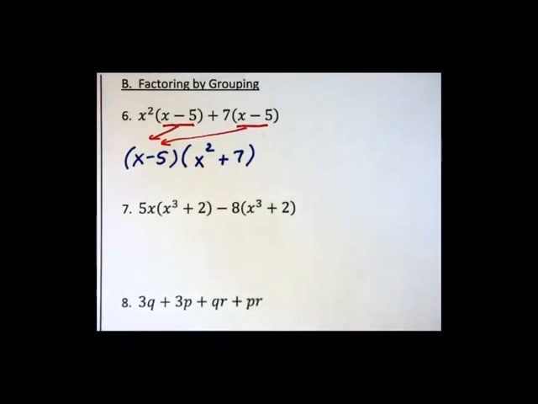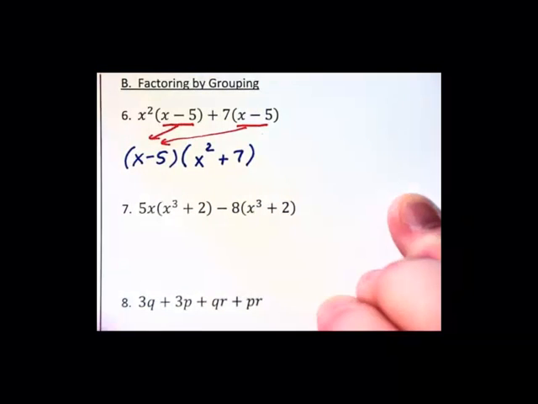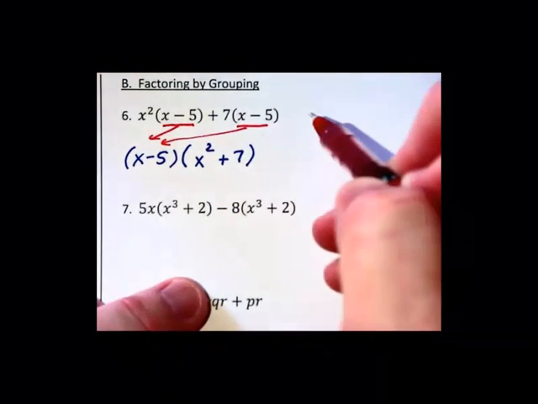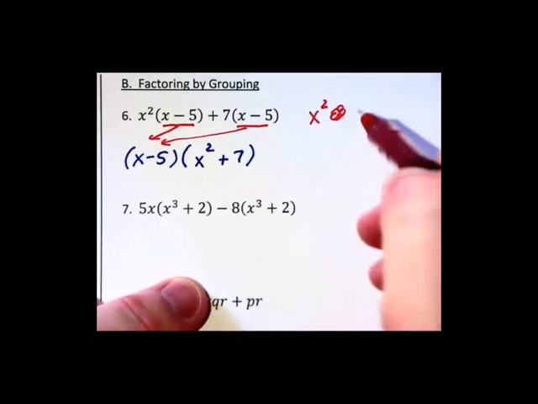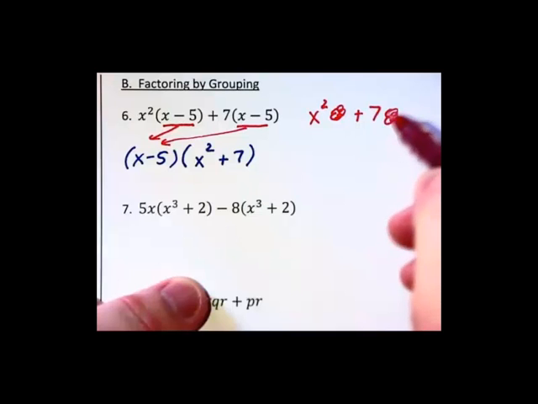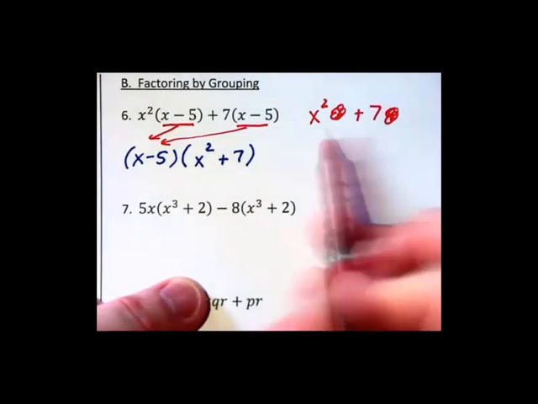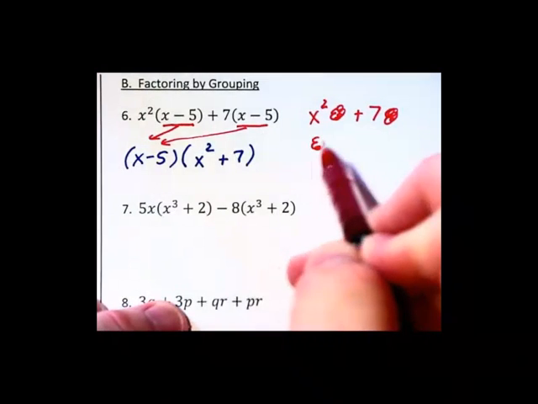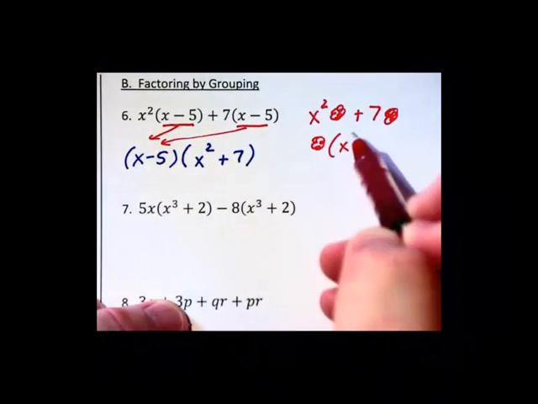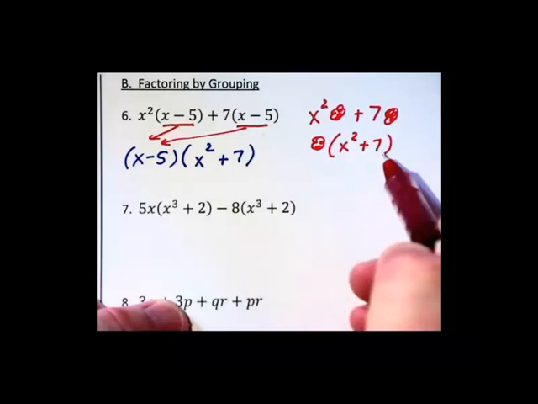Now, sometimes we just don't see how this worked. So let me show you this written in a different way. If I had x squared times blob plus 7 times blob, then it's easier to see the blob in each of the two terms, and we can factor that blob out and have left over x squared plus 7.